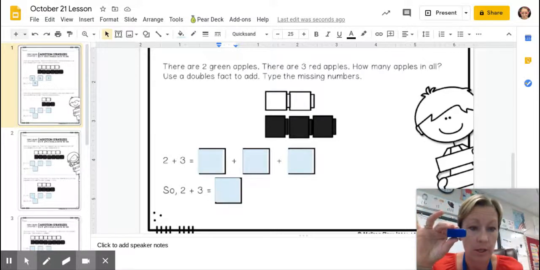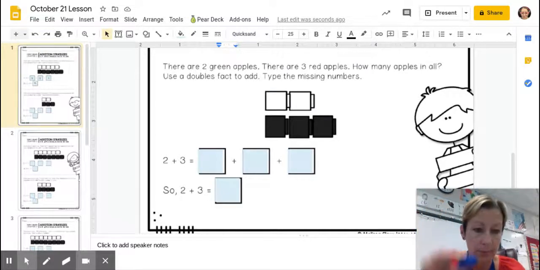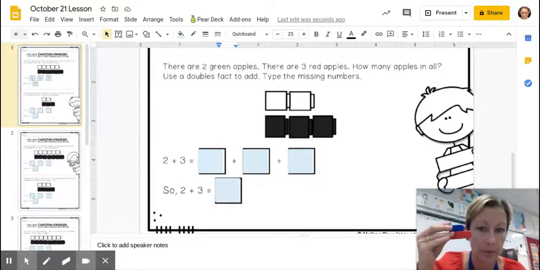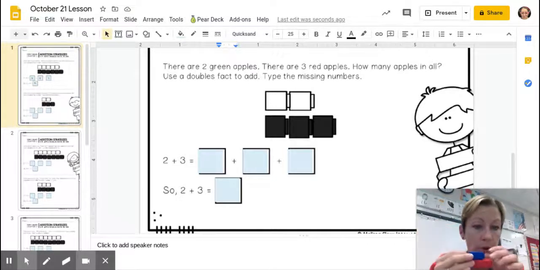Then we have 3 red apples. I've got 2, I've got 3. How many apples in all? I know you can just look at it and tell me that it's 5, right? But to use doubles, you would take that first number, which was 2, you would double it, 2 plus 2, and then add 1 more.